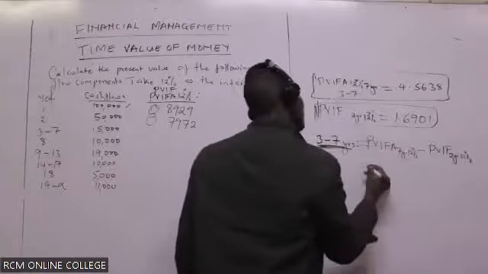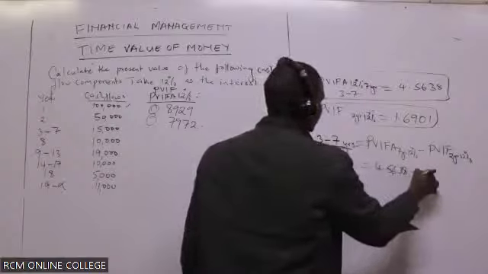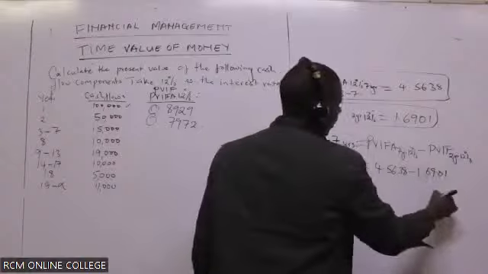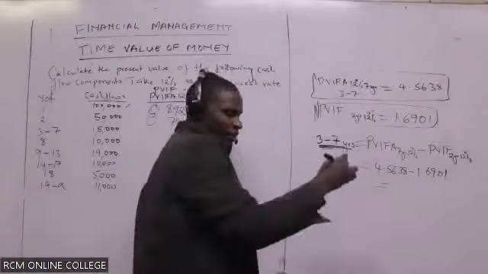Okay, give me here, we have 4.5638 minus 1.6901. Give me the actual 2.8730.